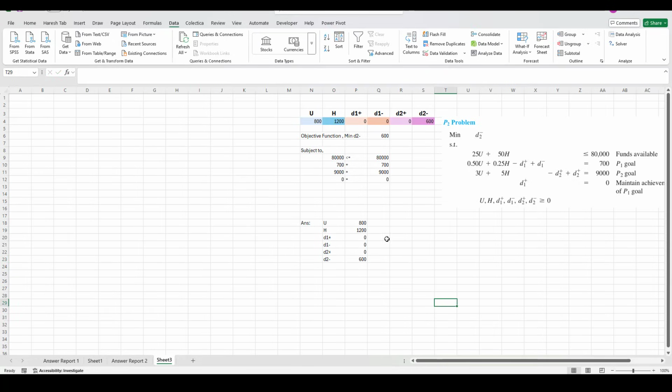So basically when we do this, we are going to achieve the first objective, because d1 plus and d1 minus both are 0.